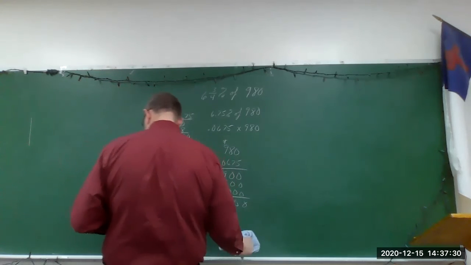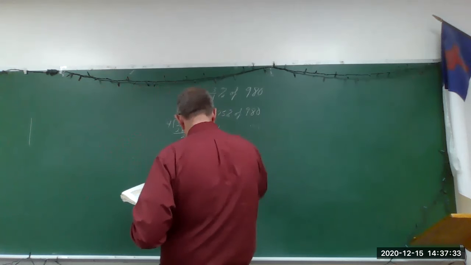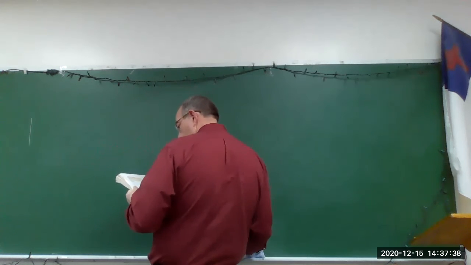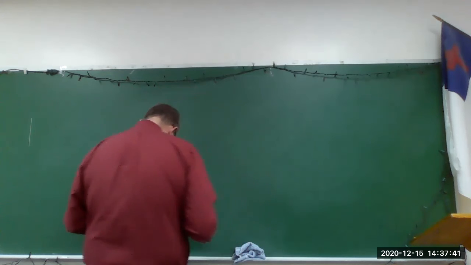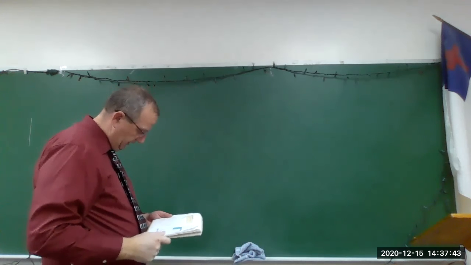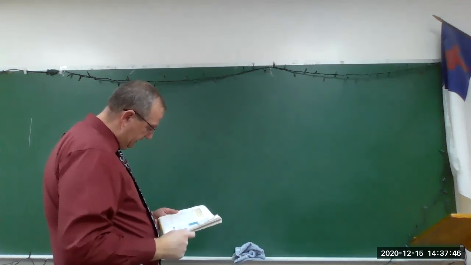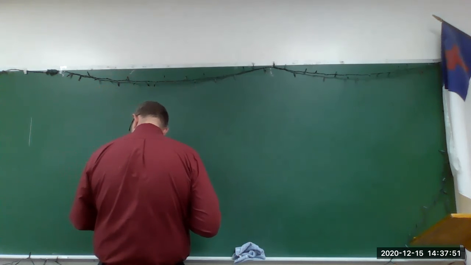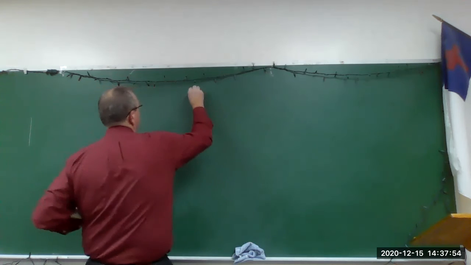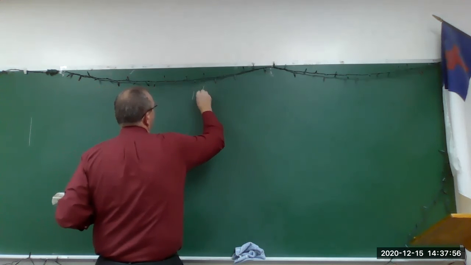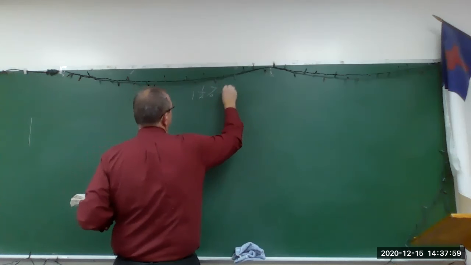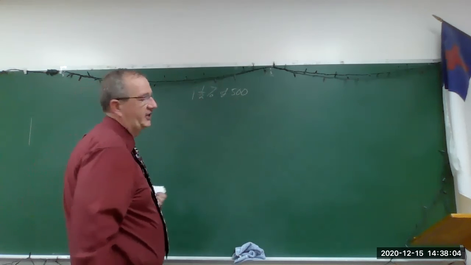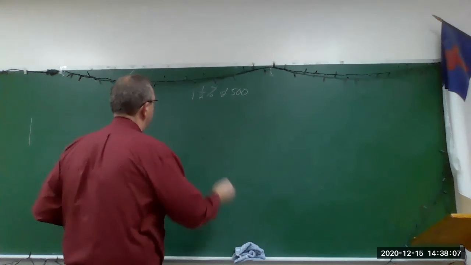All right. You should be doing the rest of these on your own. But let's look at letter D there. It says 1.5% of 500. Now, hopefully we know by this time that 1/2 is equal to 0.5.